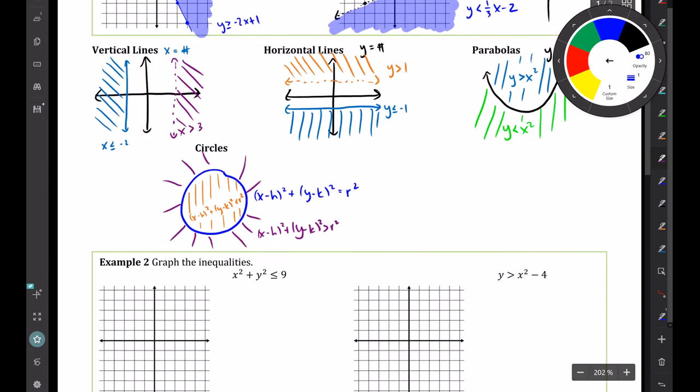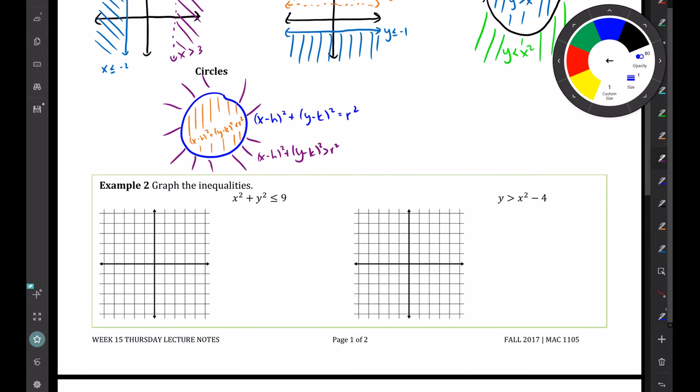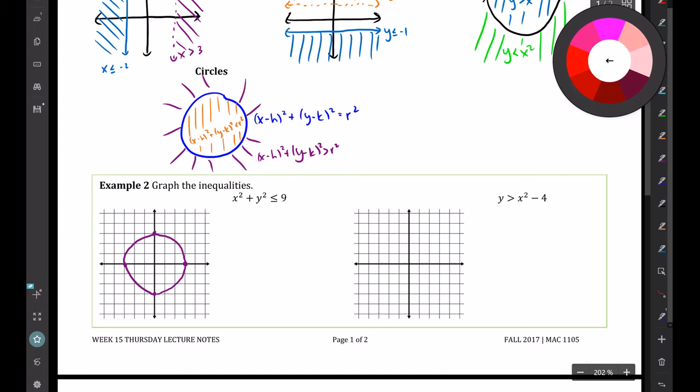So that's just a crash course on shading. So now let's look at this. It says graph the inequality x squared plus y squared is less than or equal to 9. So that's a circle of radius 3. So I'm going to do my best to draw a circle of radius 3 here. And we want to be less than or equal to that, so we're going to shade inside. So let me get my purple pen here.